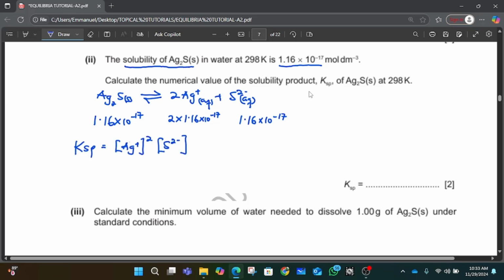since the mole ratio between the sulfide ion and the salt is 1:1. Now our Ksp equation was written as this, and so it's just a matter of substituting the concentrations of these ions from here into the equation.